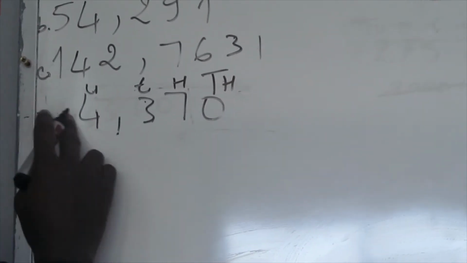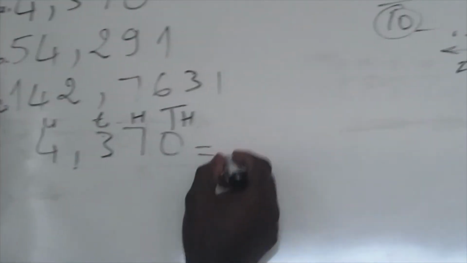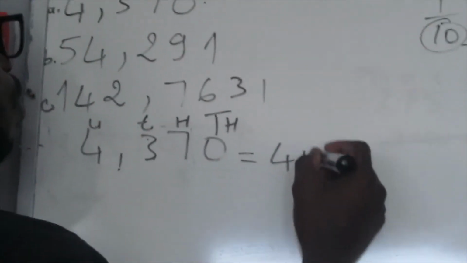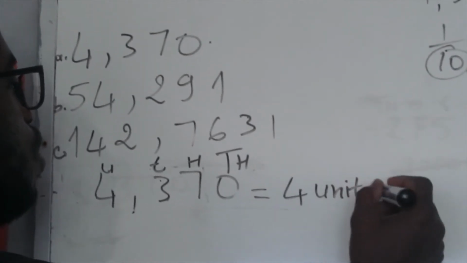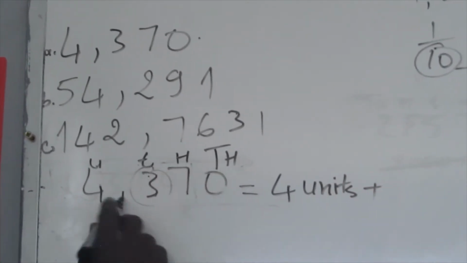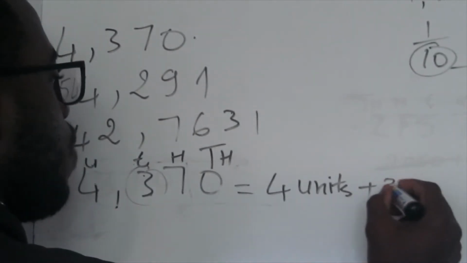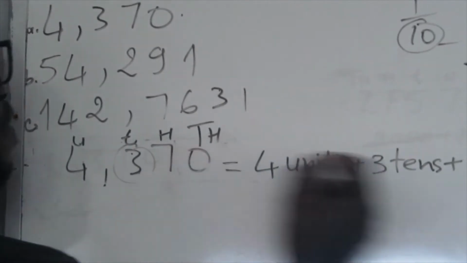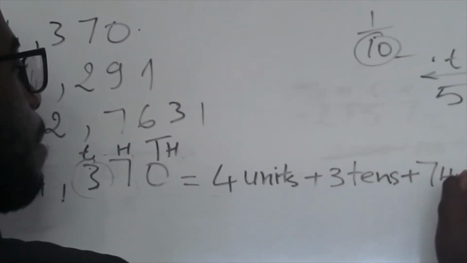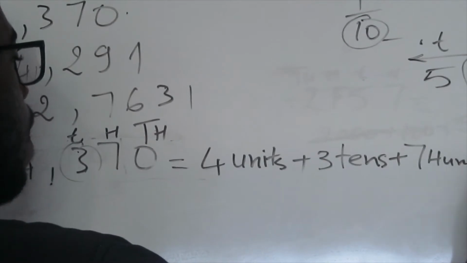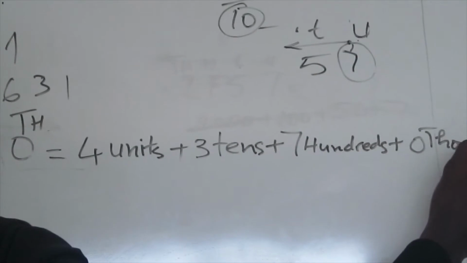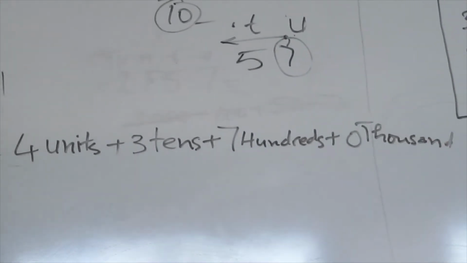So to place value this number, we start with the whole number first. We have 4 units plus, after the comma, 3 tens plus 7 hundreds plus 0 thousands. This is how we place value the decimal number.